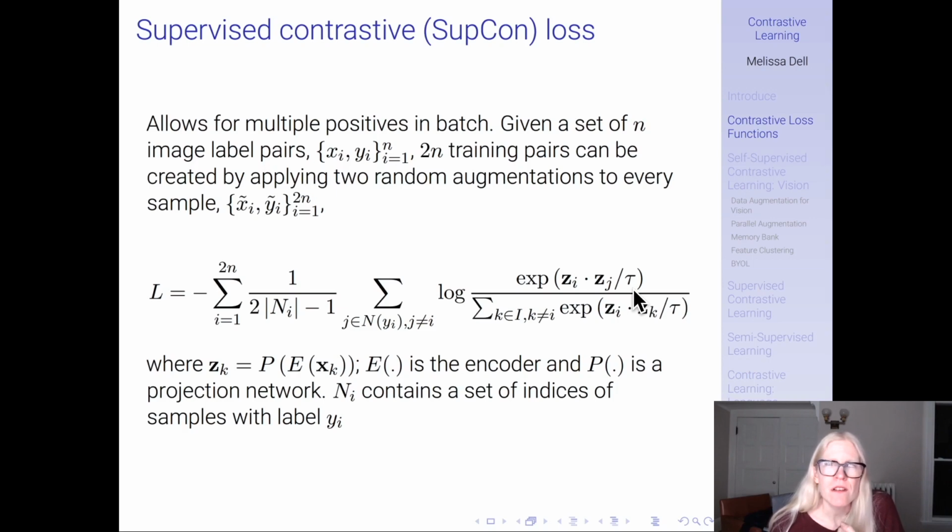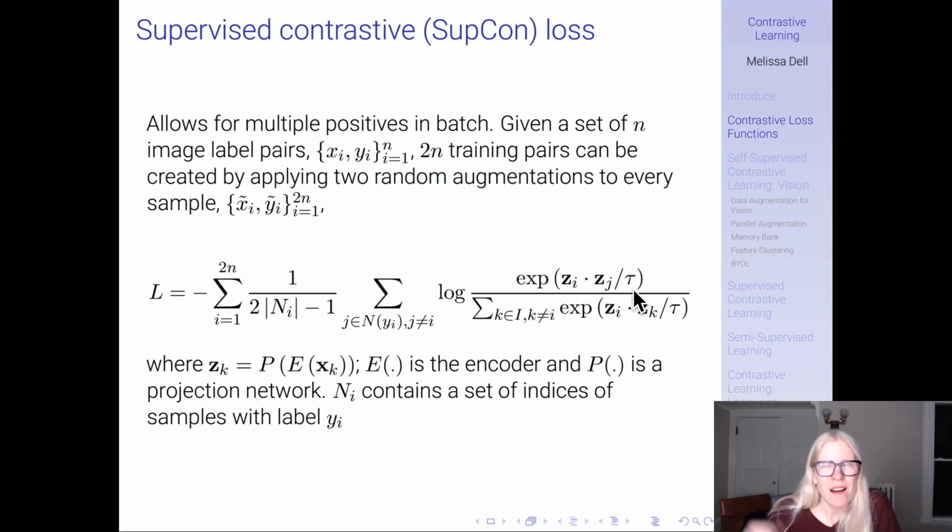If you're new to contrastive learning, you might say, well, why is this a relatively recent paper? The SupCon paper came from 2021. Why did people do these other forms of contrastive learning beforehand? The answer to that question, and to why this is called supervised contrastive loss, is that traditionally contrastive loss was used in self-supervised settings.